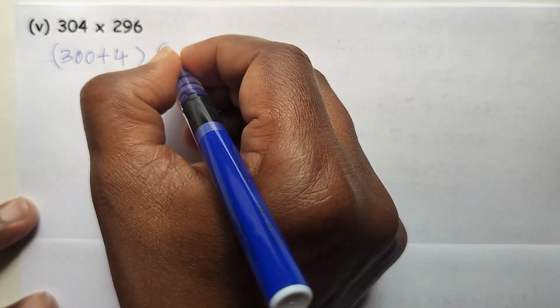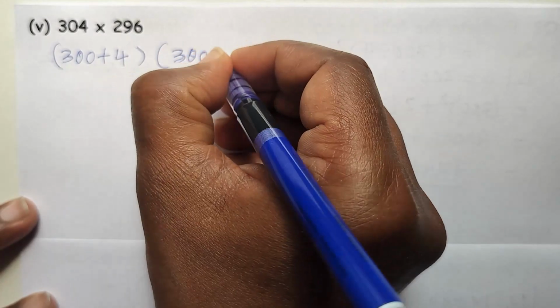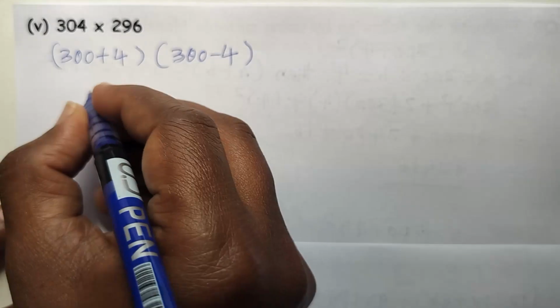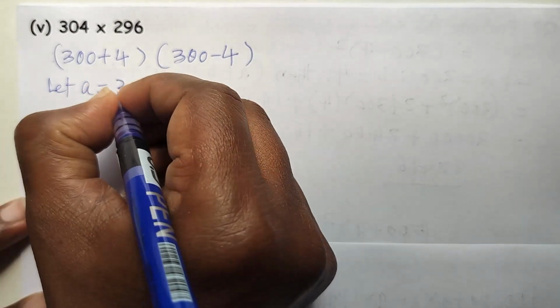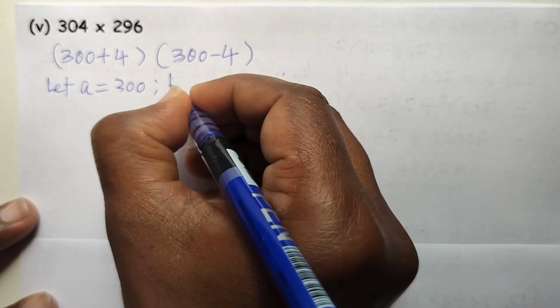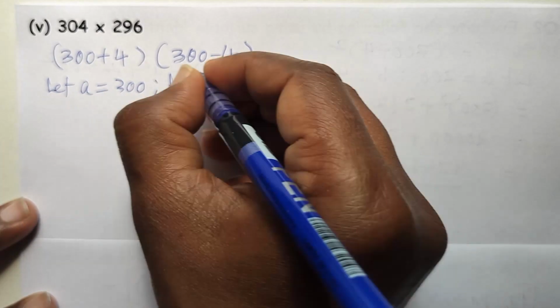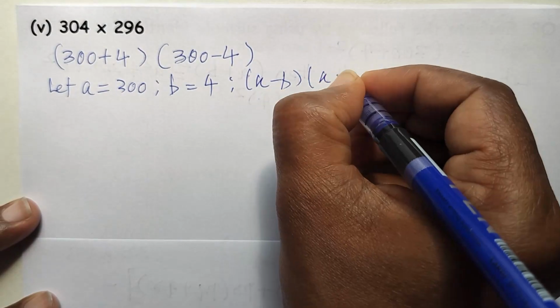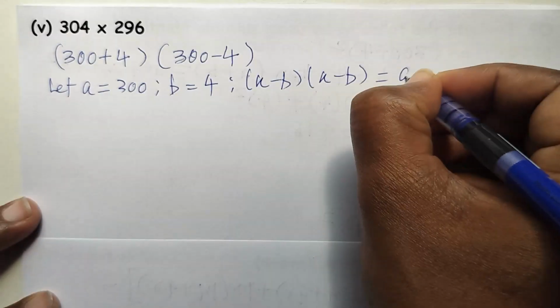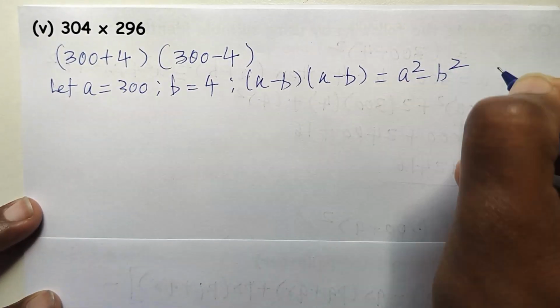Now fifth, 304 into 296 here. So 304 can be written as 300 plus 4 here, and 296 can be written as 300 minus 4 here. So let here a equal to 300, b equal to 4. So we get (a minus b) into (a plus b). So that equal to a square minus b square here.